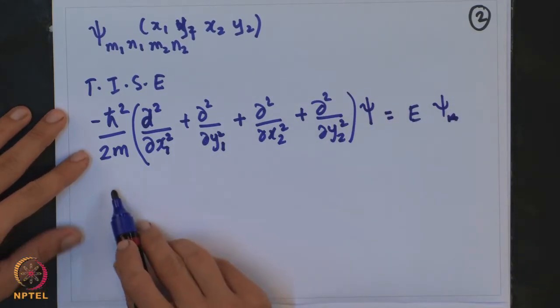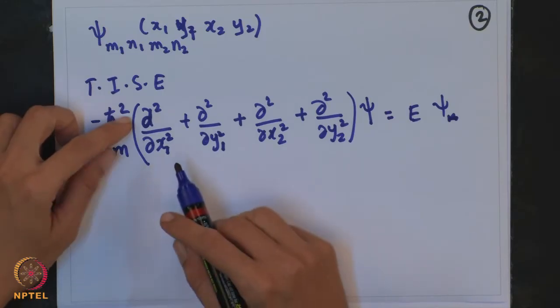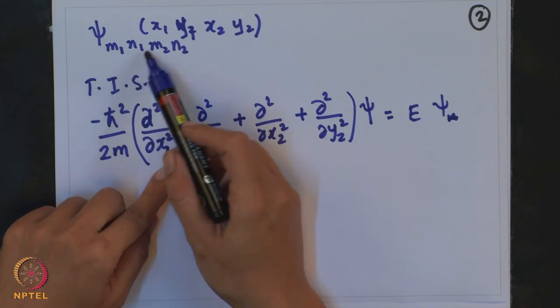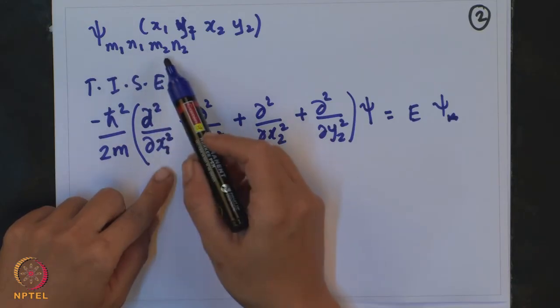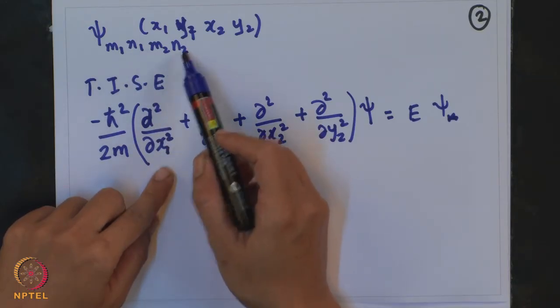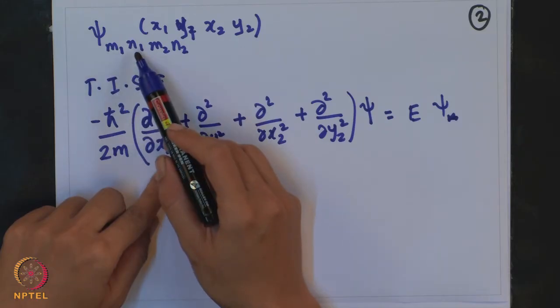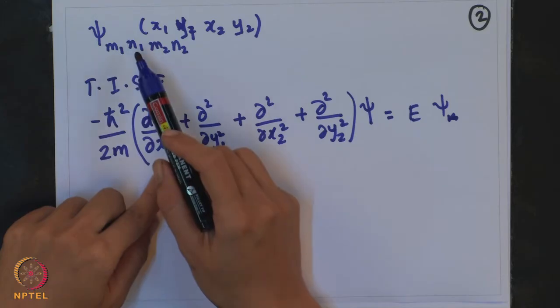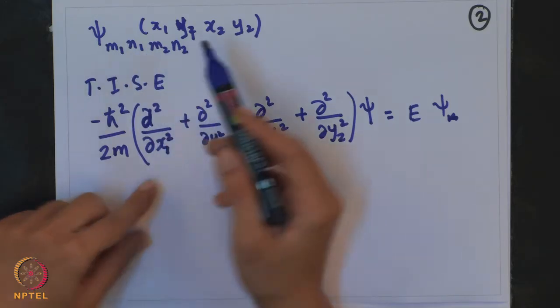So, this is the Schrodinger equation for two particles in a 2 dimensional box. Here 1 indicates the first particle, 2 indicates the second particle, and m and n represent the quantum numbers for particle 1 along the x and y directions.